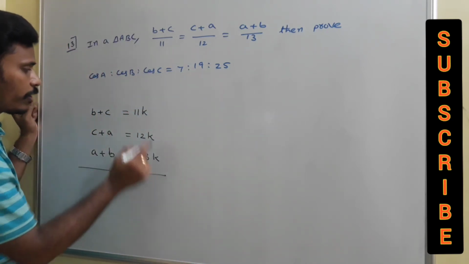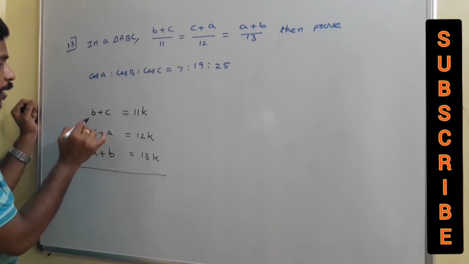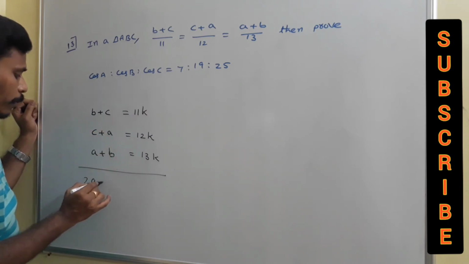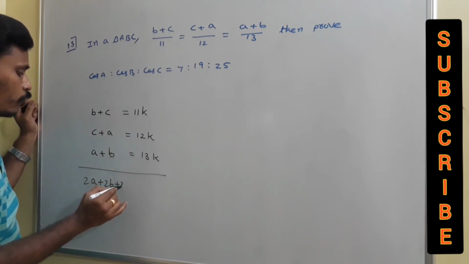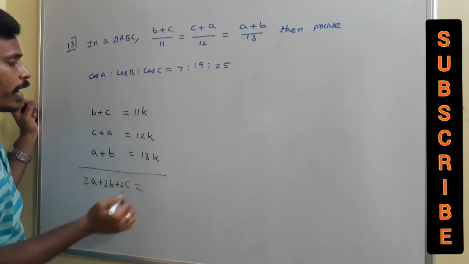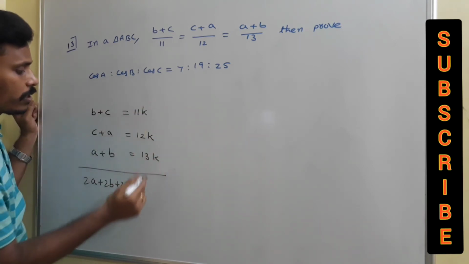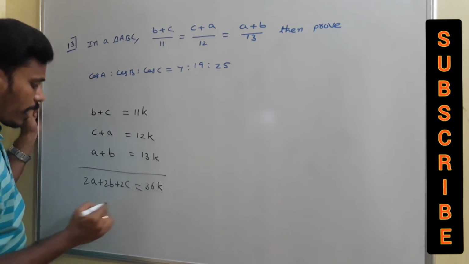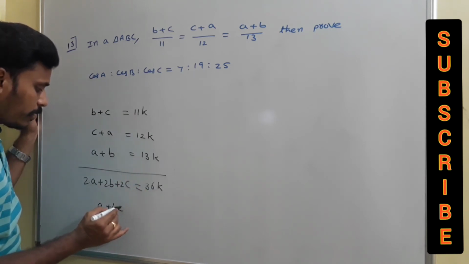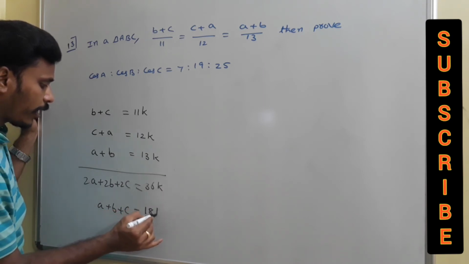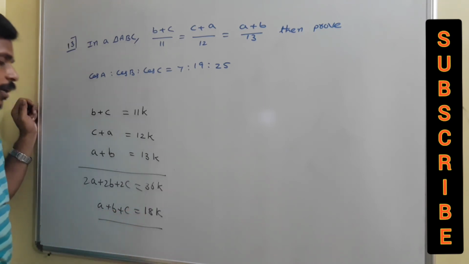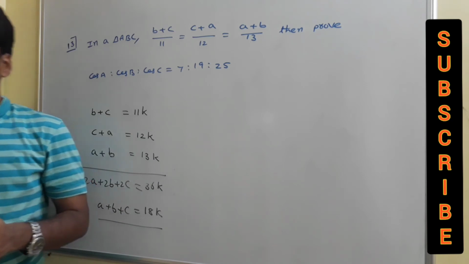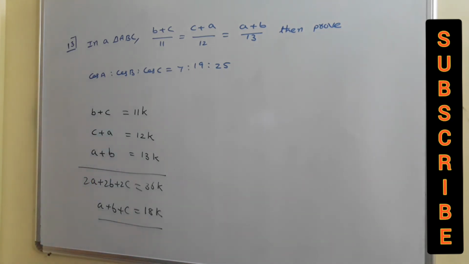If you add these three, what will happen? 2a plus 2b plus 2c is equal to, adding 11, 12 and 13, 36k, and then a plus b plus c is equal to 18k. Since a plus b plus c is equal to 18k, it is now very easy to identify.